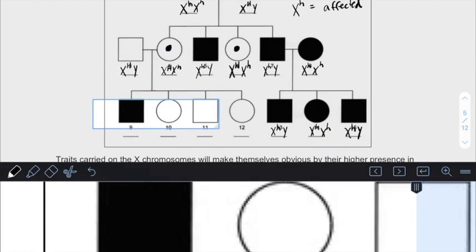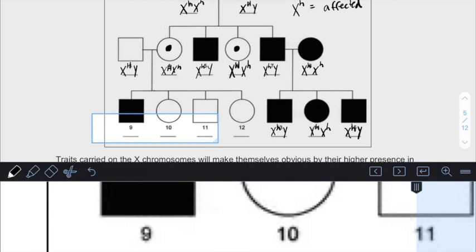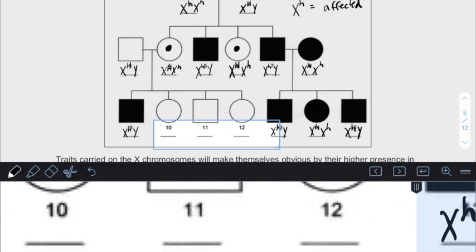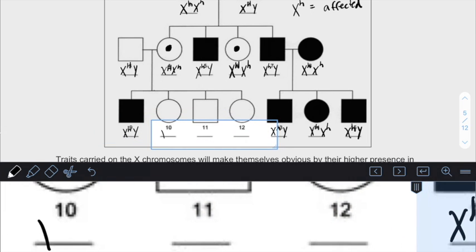Okay, over here we have a female who is a carrier, and that female carrier can have male children who are affected, but because the male father is unaffected, we actually don't know what the other chromosome is for these daughters.